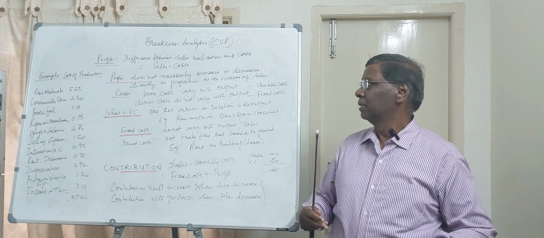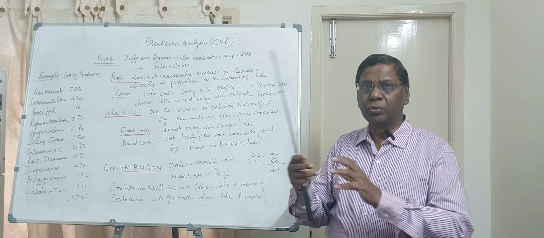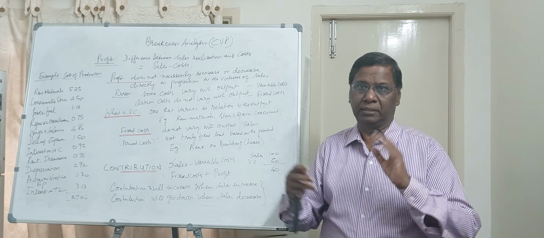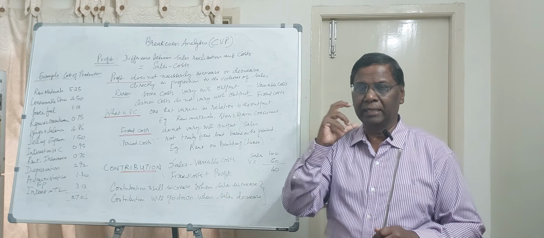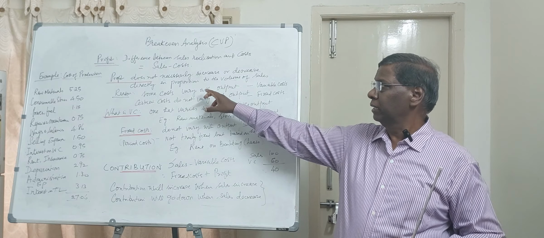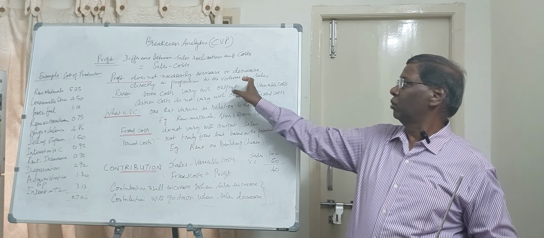There are some costs which are related to output, and there are some costs which are not related to production or sales. That is why profit does not necessarily increase or decrease directly in proportion to the volume of sales.